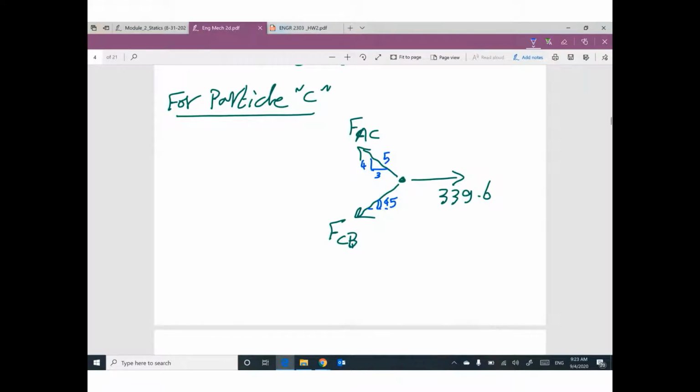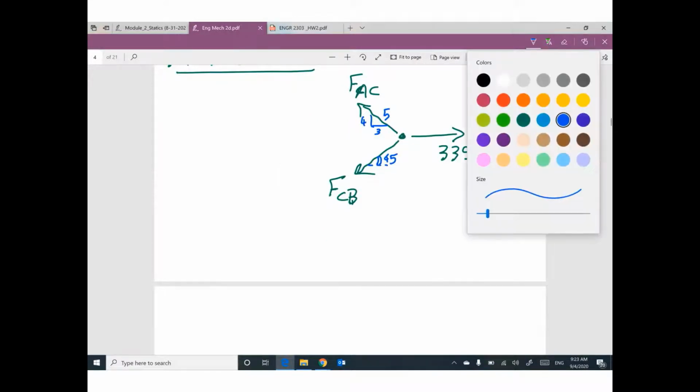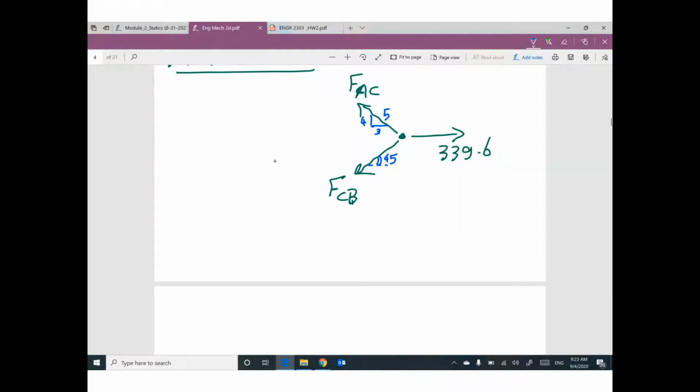So go ahead and break these forces to two components, each one. Let's start with the force FAC. We have right angle triangle 3, 4, 5. We are looking for horizontal component and vertical component.